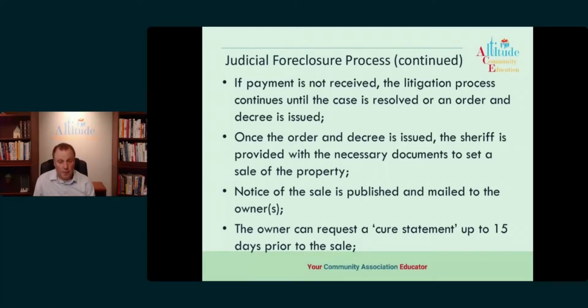So ultimately, up until 15 days prior to the sale, the owner can request a cure statement and pay off what is owed. Now, what's owed, if we're only 15 days prior to sale, is going to be a significant amount of money. It's going to include all the attorney fees. It's going to include all the assessments that are owed, late fees, interest, all of these things. So it is going to be a large dollar amount.